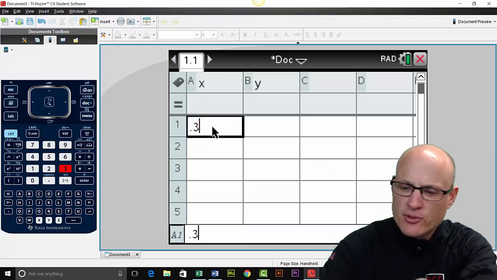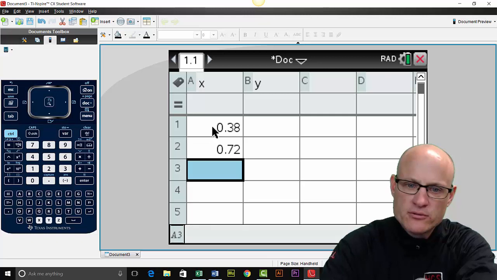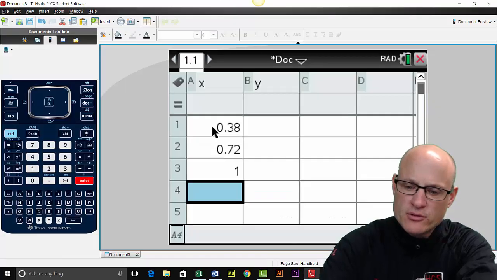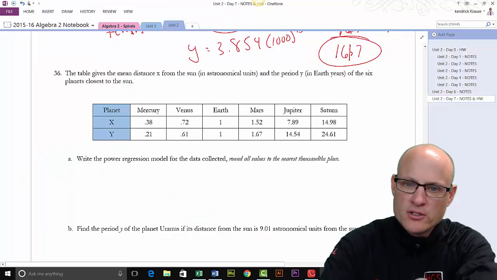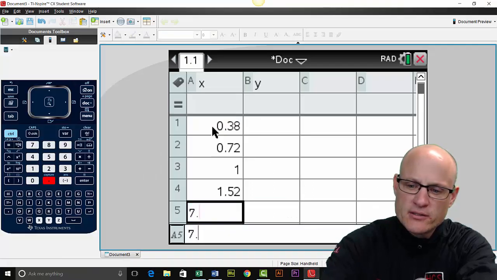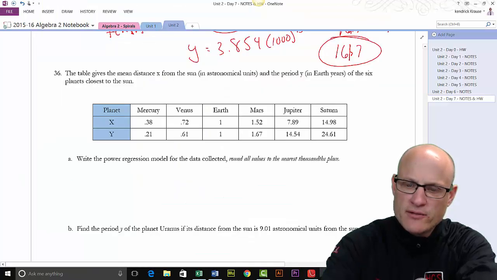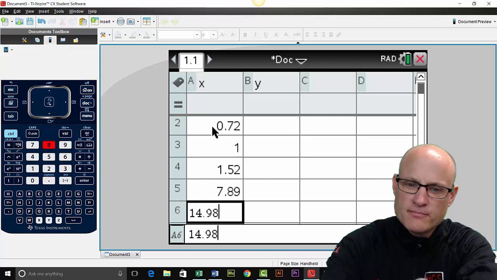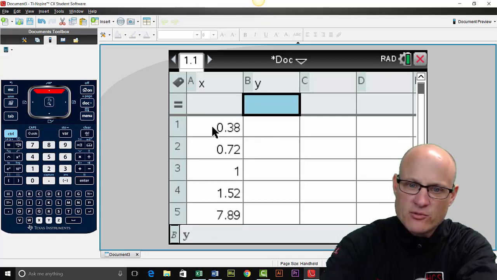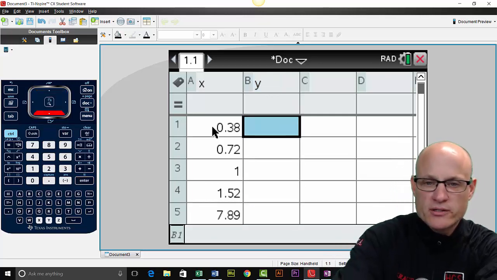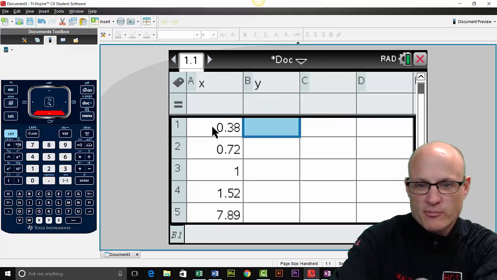0.38, 0.72, 1, 1.52, 7.89, and 14.98. Now the reason it's 1, 1 for the Earth is because it's 1 Earth year. That's the basis of reference.